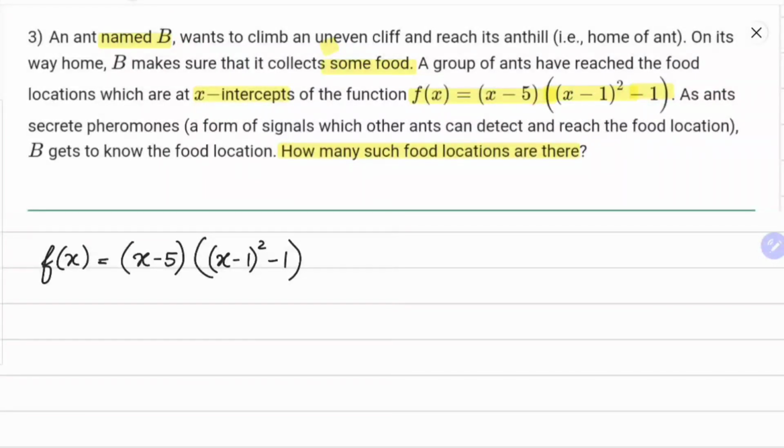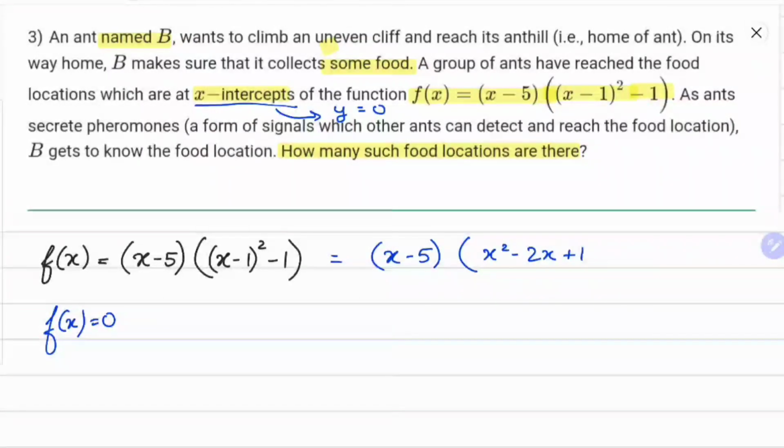So basically this is a question in which we have to find the x-intercept, and x-intercept is basically y equals 0. So we have to find f(x) equals 0. So let's just solve it first. This can be simplified as (x minus 5)(x^2 minus 2x plus 1 minus 1), which comes out to be (x minus 5)(x^2 minus 2x).